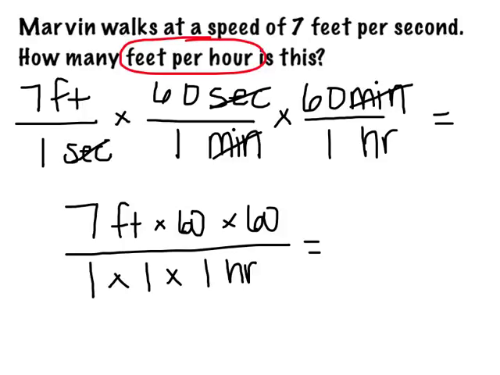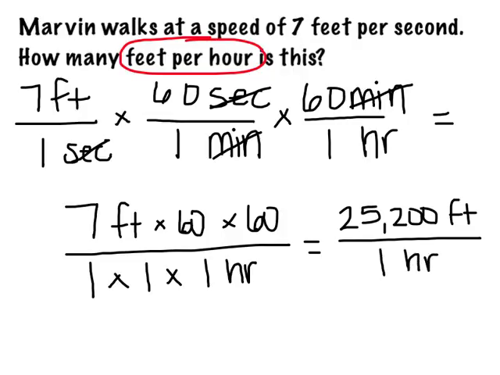When I multiply 7 times 60 times 60, I end up with 25,200, and my units left on the top is feet. 1 times 1 times 1 is 1, and my units left on the bottom is hours. So 25,200 feet in 1 hour, and that answers the question of how many feet per hour.